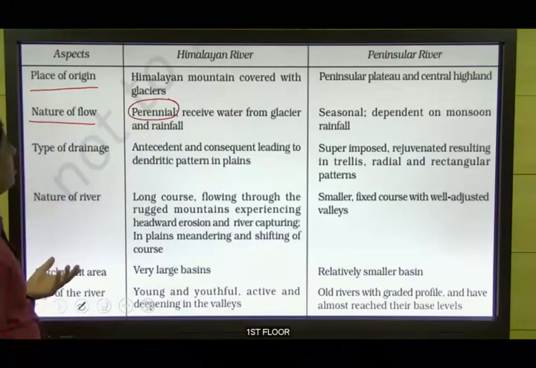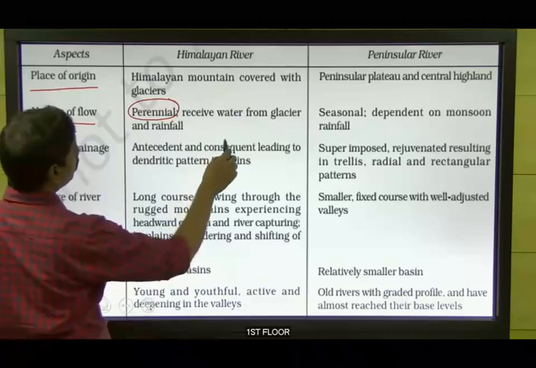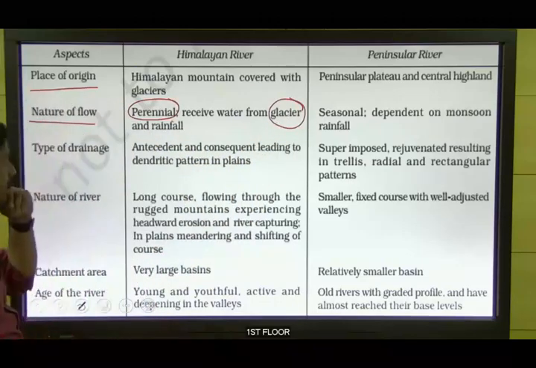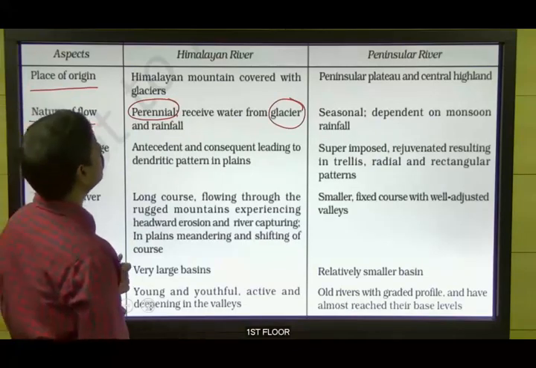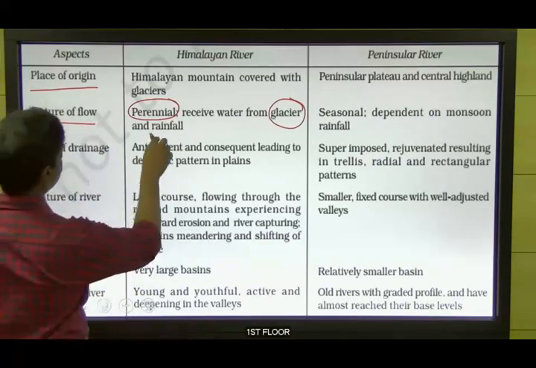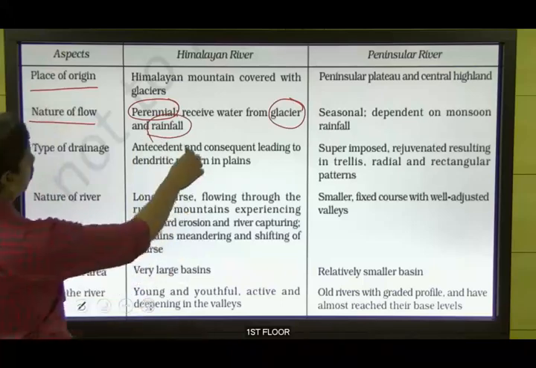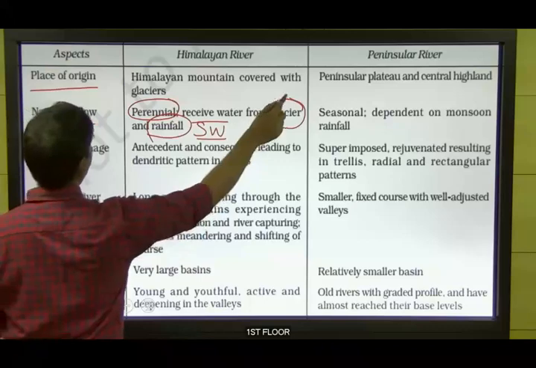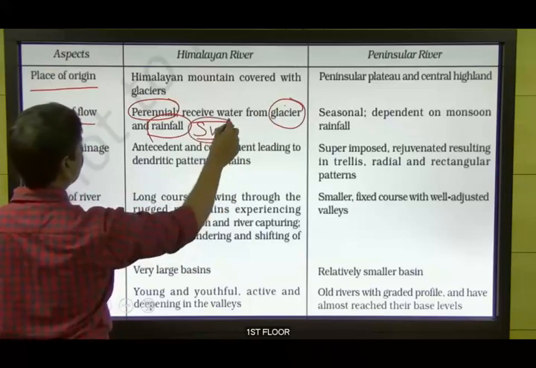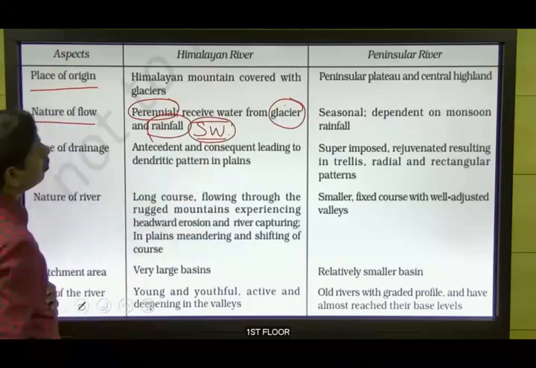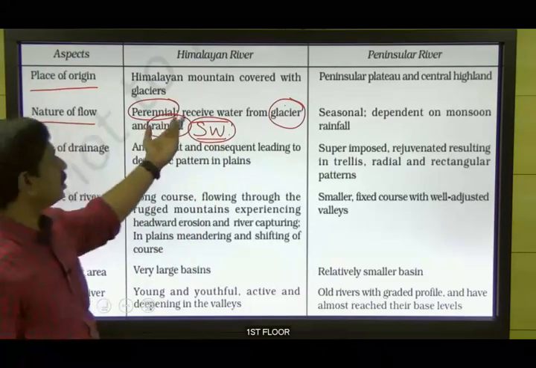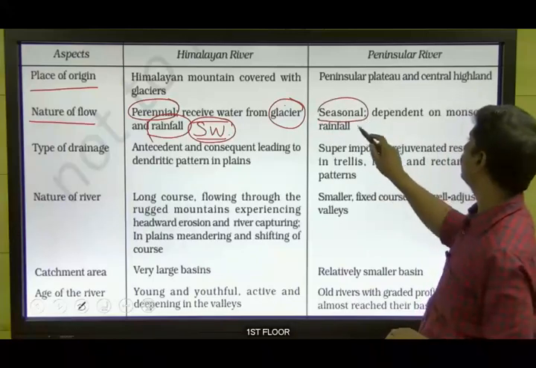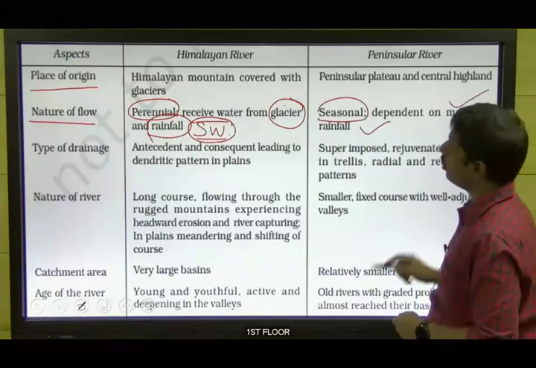Why is it perennial? Because during summer it is fed by glaciers, until the southwest monsoon onset. Once the southwest monsoon comes, it is fed by rain. So both from rainfall and glacier they get their water. So they are perennial. Here it is seasonal, dependent on monsoon rainfall only.